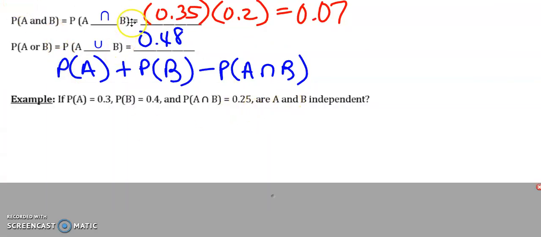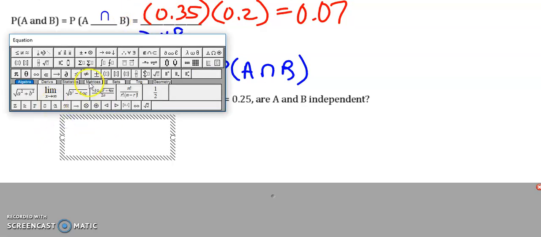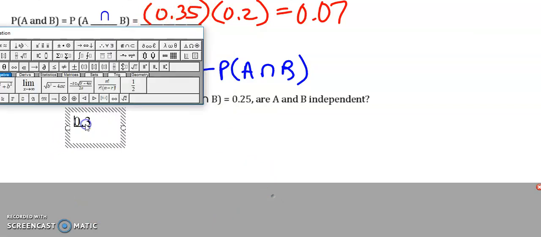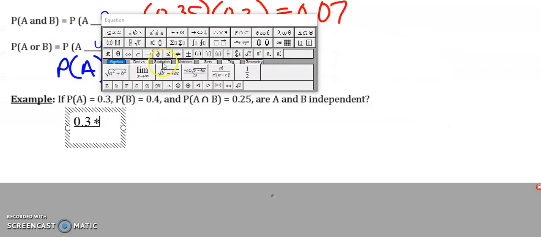Okay, so we have a question of independence, and again, when you have that question, you're going to use the multiplication rule. So we're going to be multiplying the probability of A times the probability of B. So 0.3 being our probability of A, and we're going to multiply that times the probability of B, which is, in this particular case, 0.4.